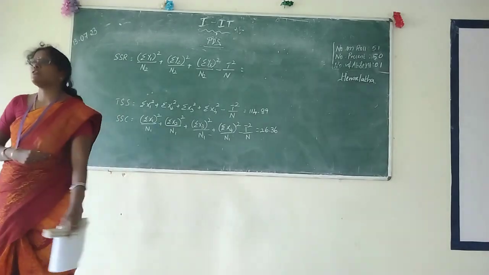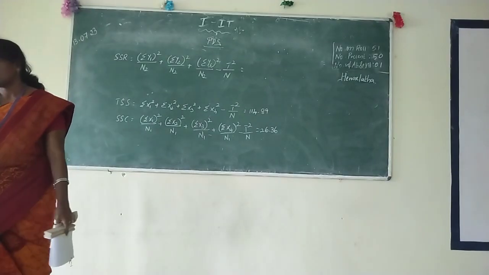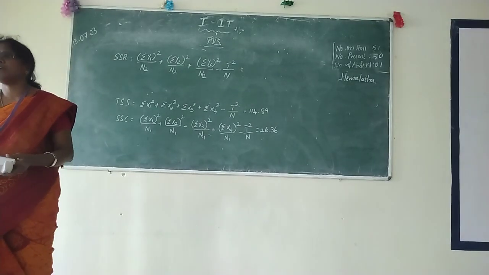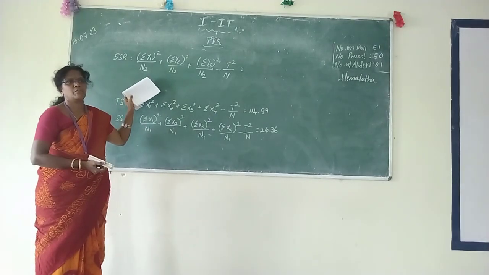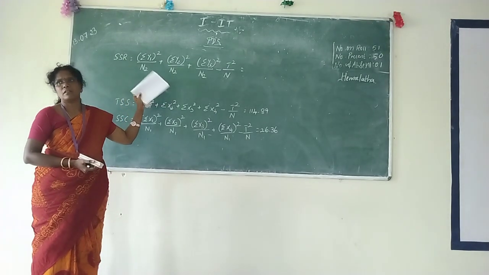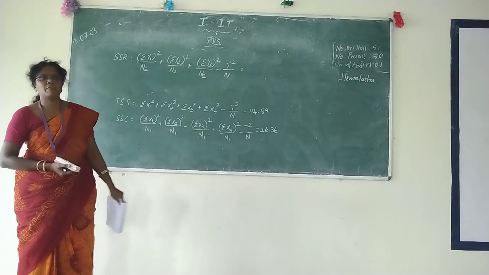Here let us substitute the total for rows. n2 indicates the number of elements in each row. First row, how many elements are there? 4. Second row, third row, 4. Substitute carefully.